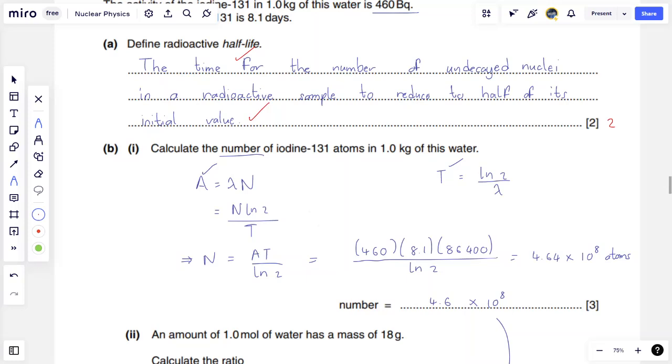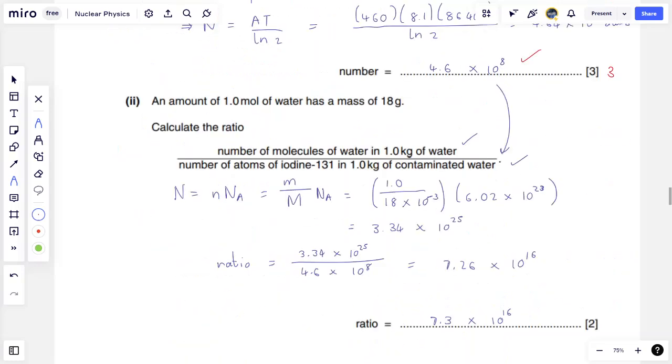The next question is 3 marks to calculate the number of iodine atoms in a kilogram of the water. Linking the correct equations, A is lambda N, gets you 1. Correct substitution scores you another, and then accuracy in the final answer, including significant figures, scores you the final mark. 3 marks for that problem.